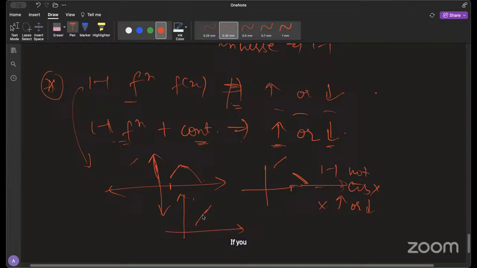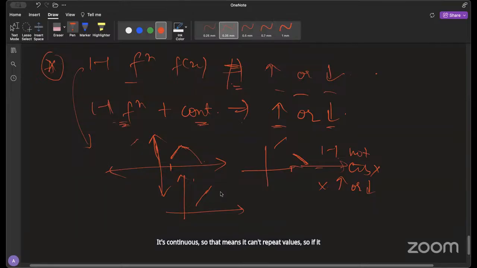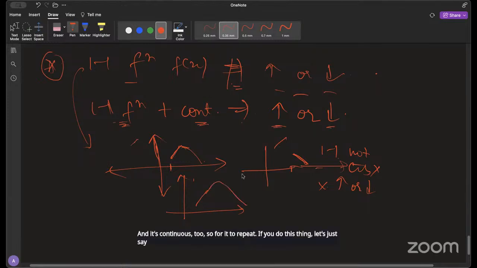The simple logic is, if you say that there's a 1-1 function and it's continuous too, that means it can't repeat values. So for it to repeat, let's just say this is not increasing, you started with this thing.